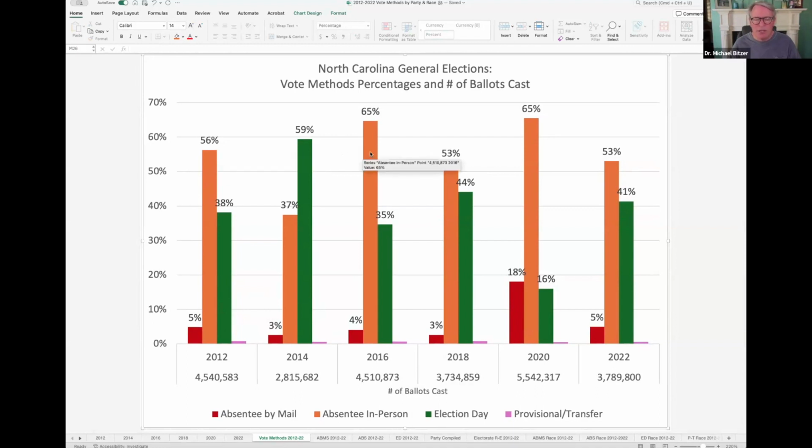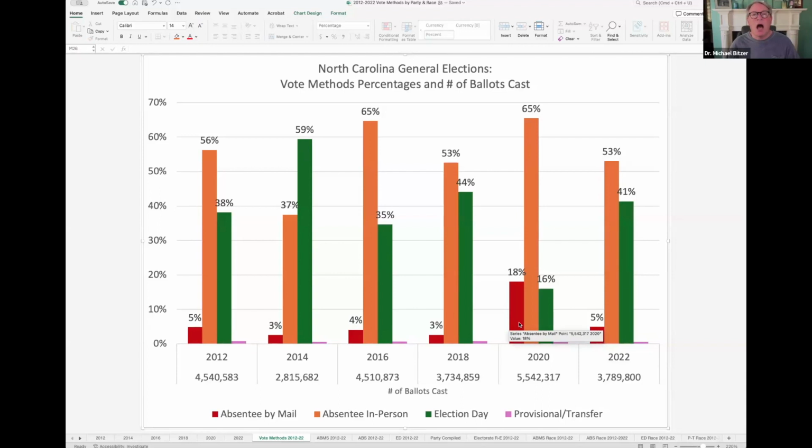You'll notice in presidential years, the number has gone up considerably. And again, thinking about mail-in ballots, it is typically 3 to 5% a year that comes in the form of absentee by mail, with the exception, as we all remember, of 2020 and the pandemic.